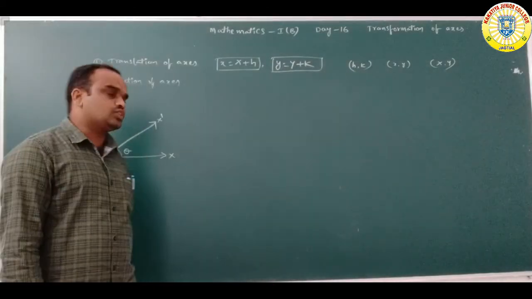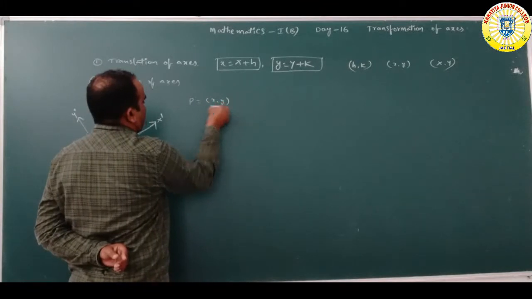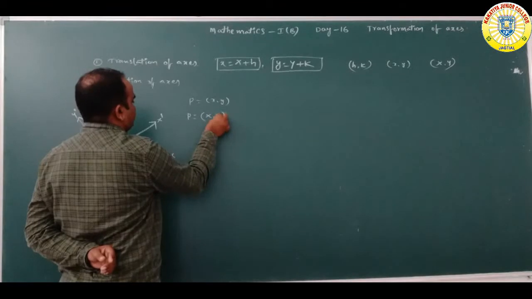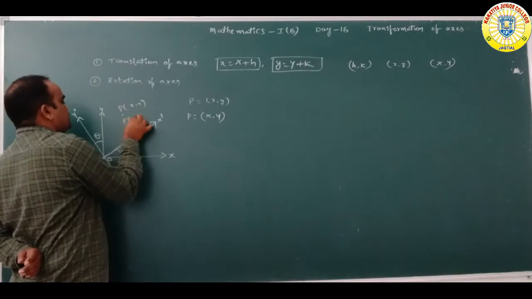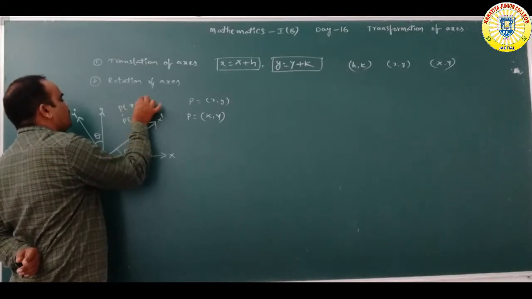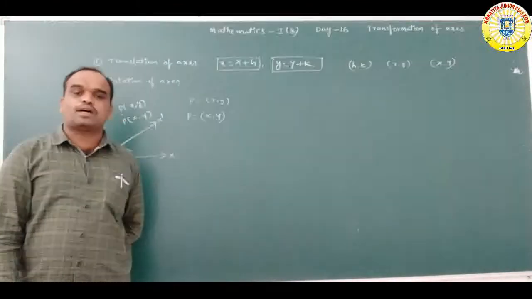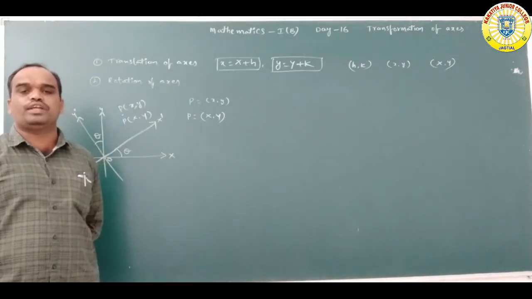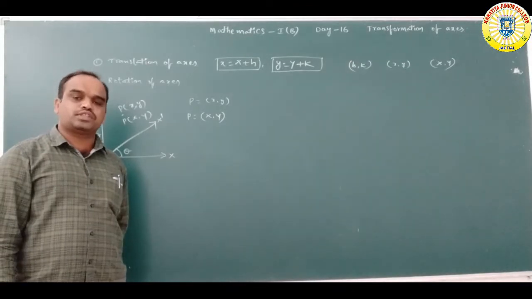In this one also, the coordinates of P are small x comma small y, and capital X comma capital Y. Small x comma small y are the coordinates of P with reference to the old system.